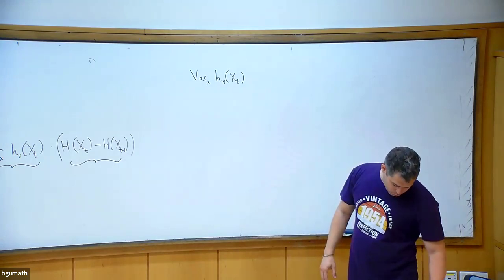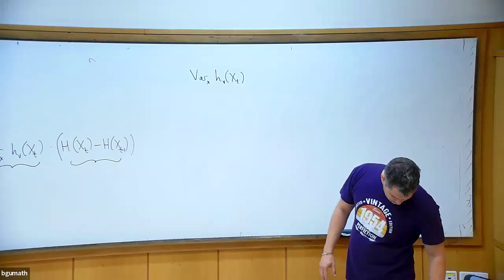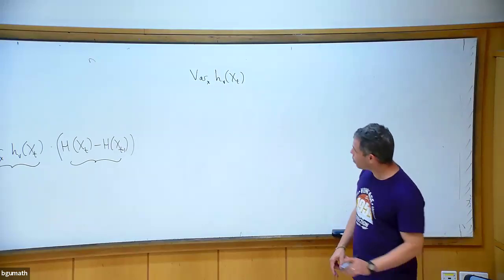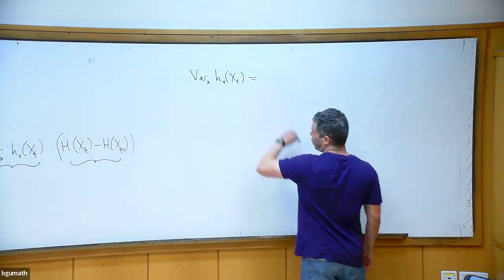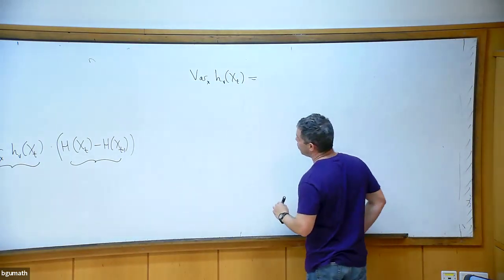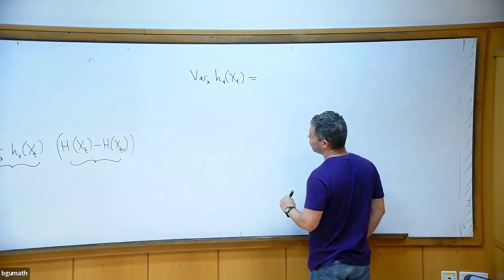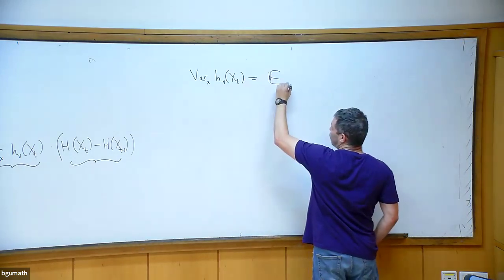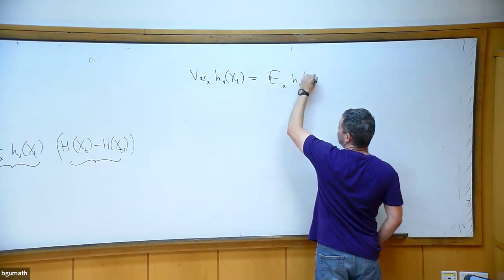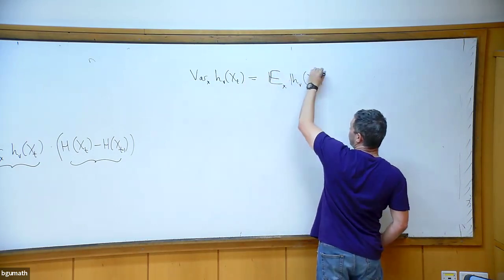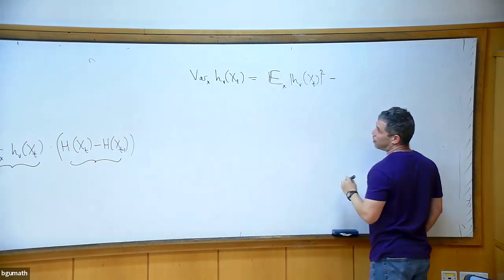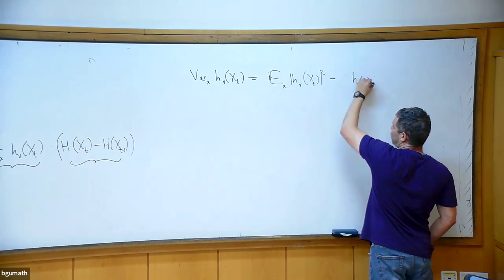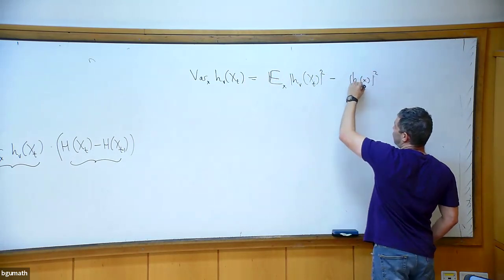Okay, so let's check what this is. This is equal to, very careful, the expectation starting from x of hv xt, all of this squared, minus, well, I'm going to write it this way, h of x squared.